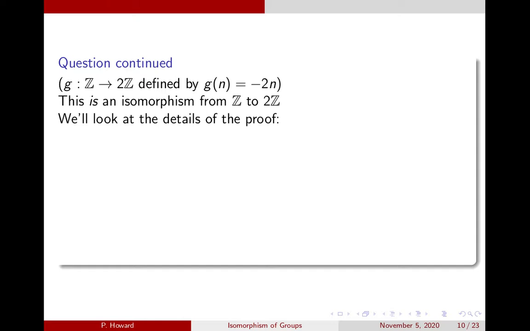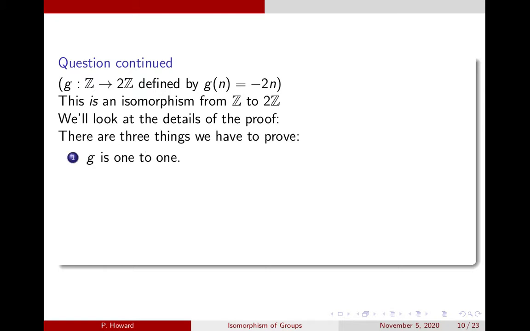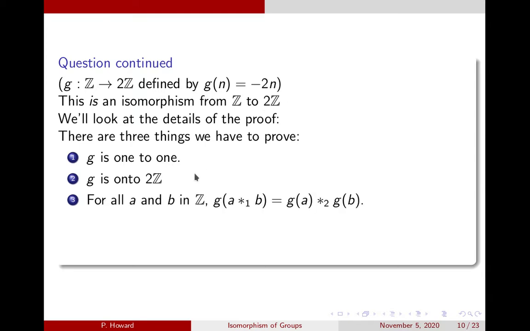We are going to look at the proof on the next slide, but before we look at the proof, I just wanted to say a couple of things. The first being, what do we have to prove? We have to prove g is 1 to 1. We have to prove that g is onto the set of even integers. And we have to prove the isomorphism equation.